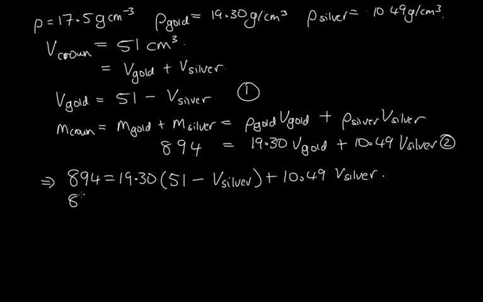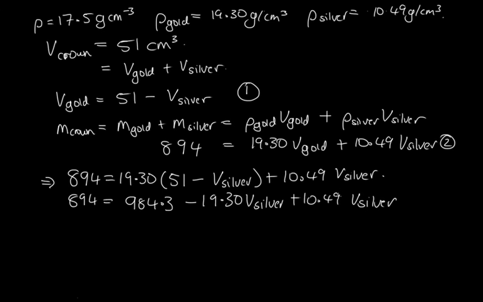And so we've got 894 is equal to 19.3 times 51, which is 984.3, minus 19.30 times the volume of silver, plus 10.49 times the volume of silver.